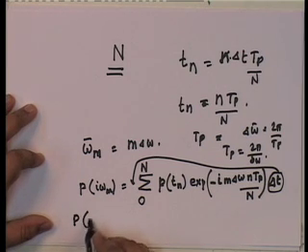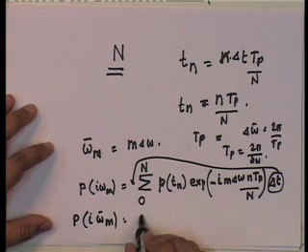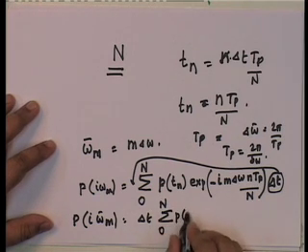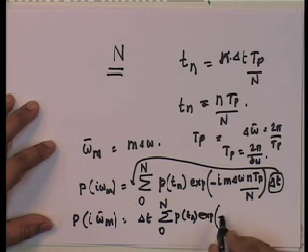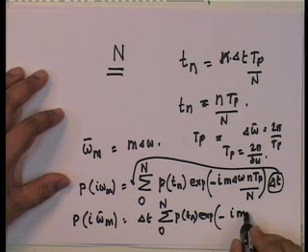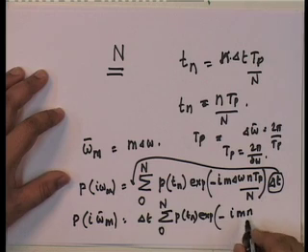I have P of i omega bar m is equal to delta t, summation n going from 0 to N, P of Tn into exponential of minus i m n, okay, and there is a 2 pi.